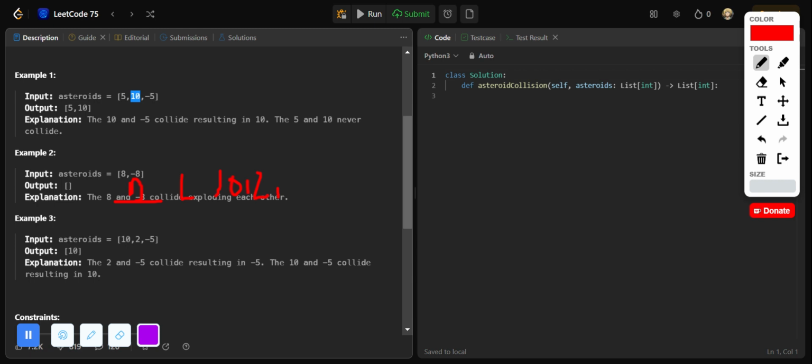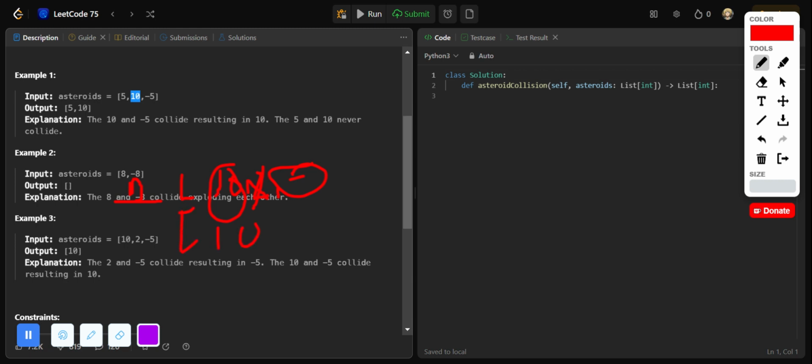They collide, and since the magnitude of 2 is less than the magnitude of negative 5, the smaller one explodes and we remove it from the state. Then negative 5 will collide with this 10, and since the size of negative 5 is less than 10, negative 5 will explode, and our array remains with 10.